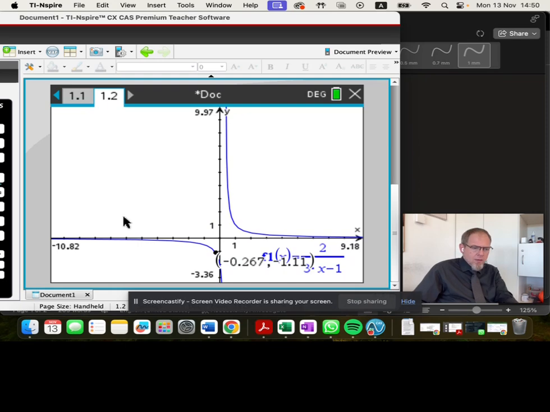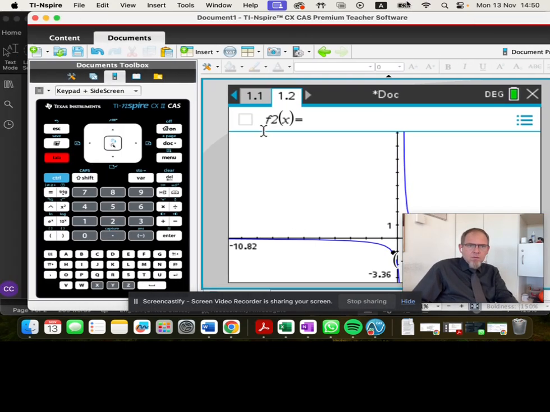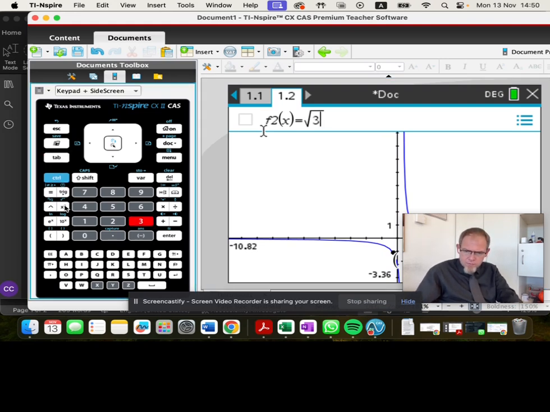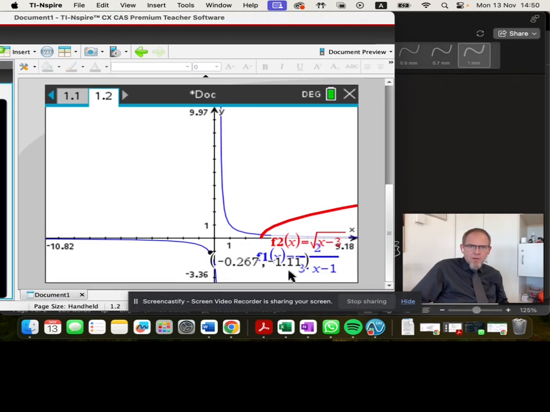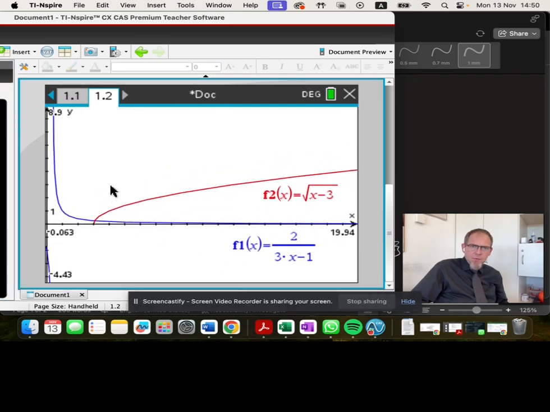If I tab and I do control square root of x minus 3, you can see that this graph starts at 3, 0, and it goes off to the side, and it's going to go off forever in that direction. We could keep going out, and we'd see that it just keeps going.